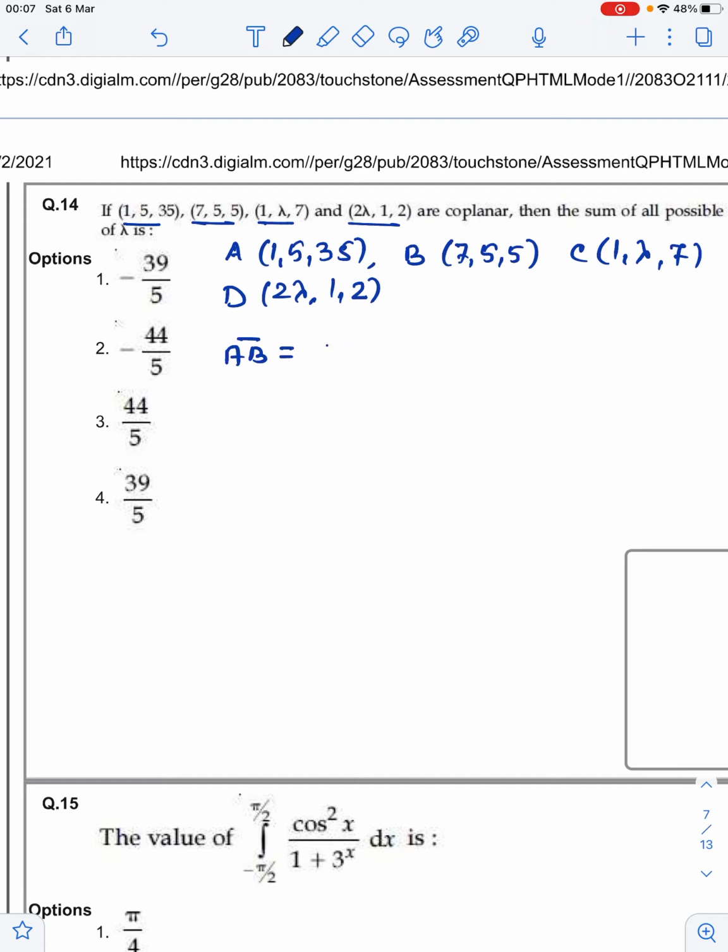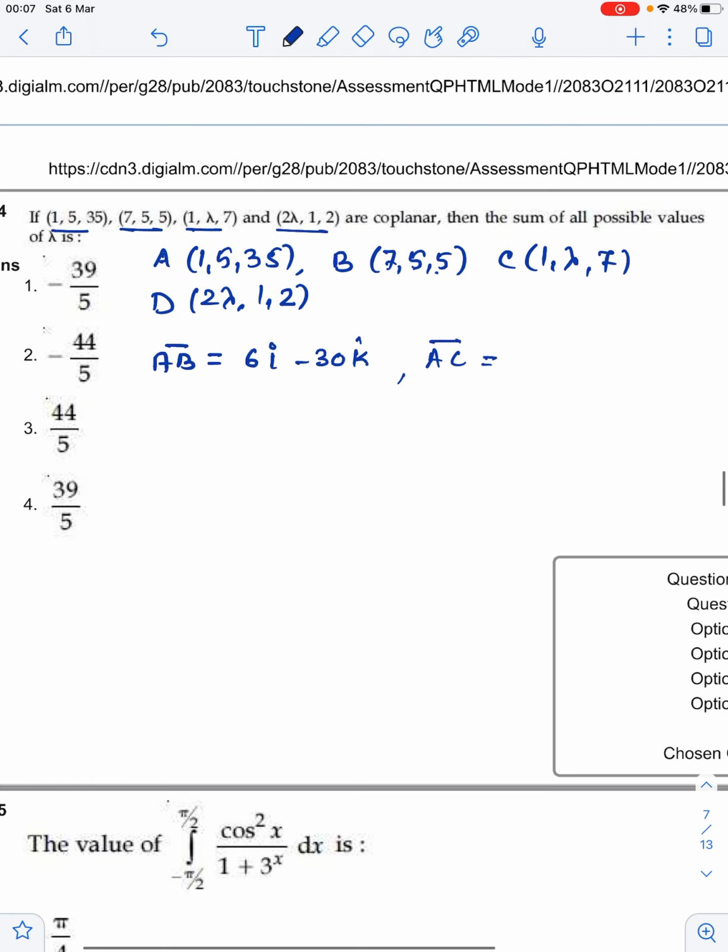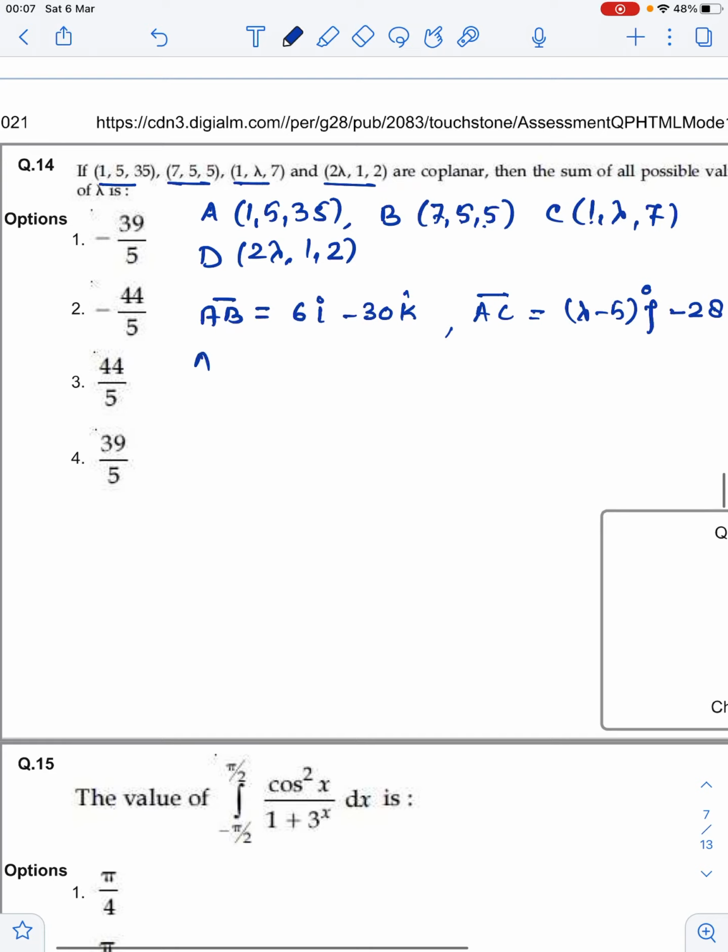Vector AB is 7 minus 1, 6i, 5 minus 5, 0j, and 5 minus 35, minus 30k. Vector AC is 1 minus 1, 0i, lambda minus 5 j, and 7 minus 35 is minus 28 k.